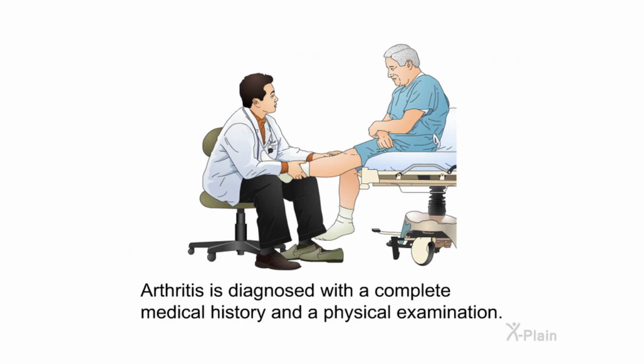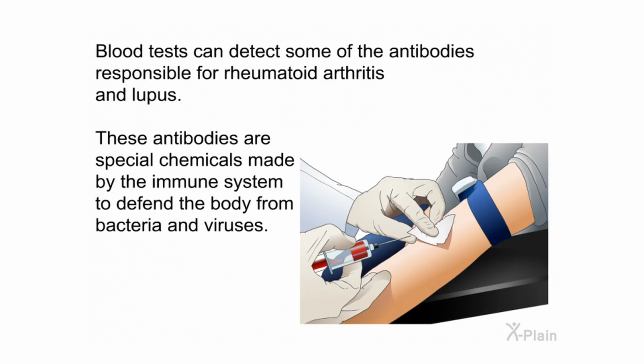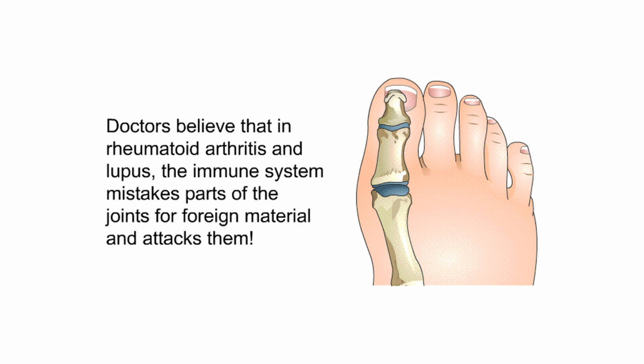Diagnosis. Arthritis is diagnosed with a complete medical history and a physical examination. Blood tests can detect some of the antibodies responsible for rheumatoid arthritis and lupus. These antibodies are special chemicals made by the immune system to defend the body from bacteria and viruses. Doctors believe that in rheumatoid arthritis and lupus, the immune system mistakes parts of the joints for foreign material and attacks them.